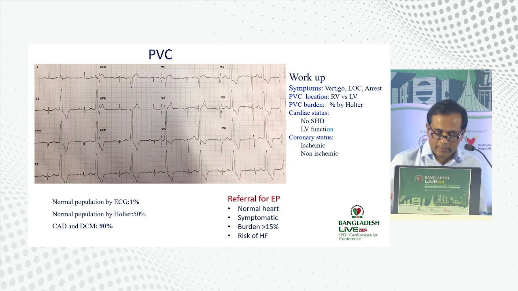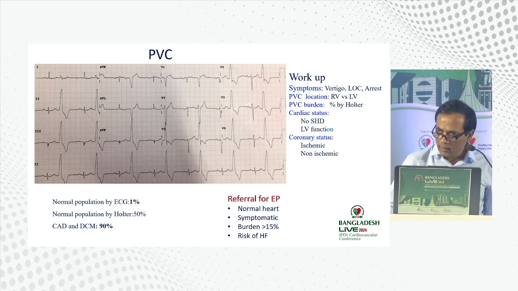And after this, the physician should decide whether this patient should be referred for ablation or not, because PVC ablation is recommended and gives a beautiful result in suitable cases, where the PVC can be nicely ablated. So the significant patients should be referred for ablation, and these are the situations: normal heart, symptomatic patients, burden more than 15%, somebody says 10%, somebody says 20%.